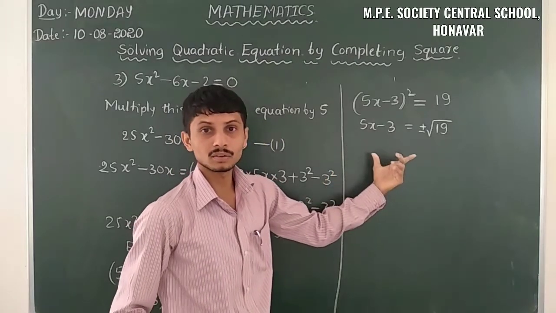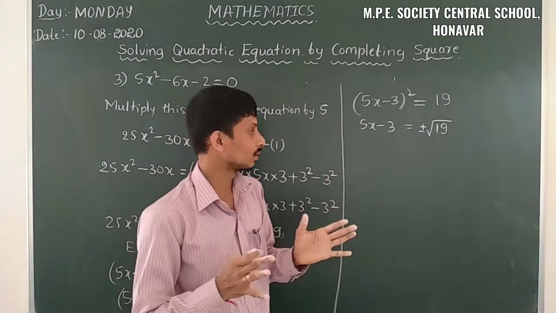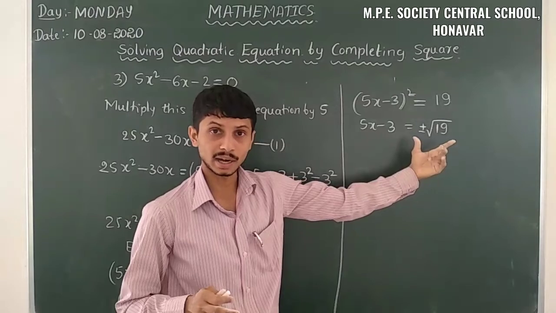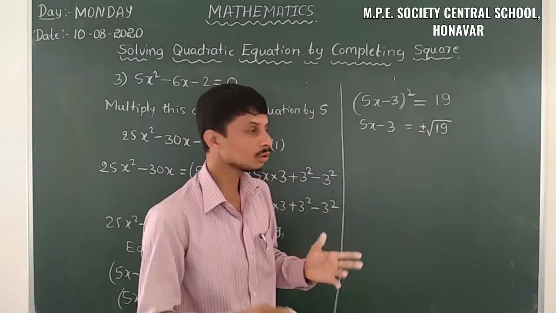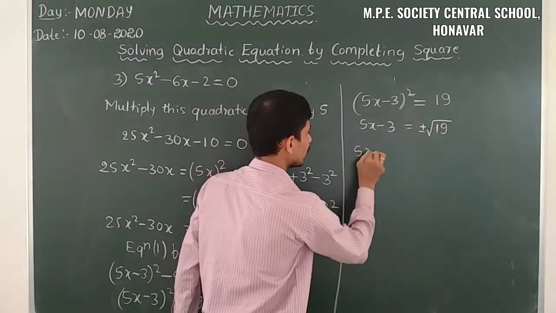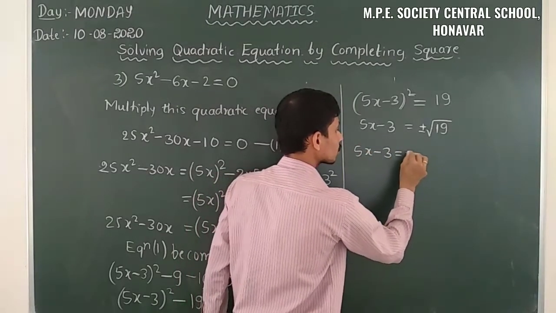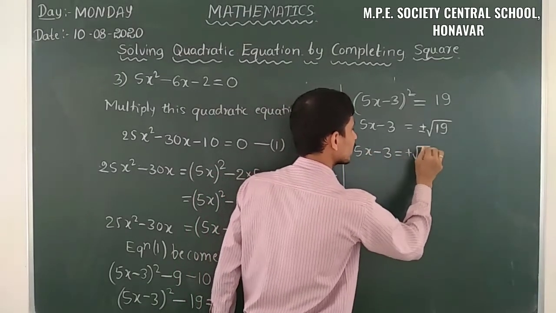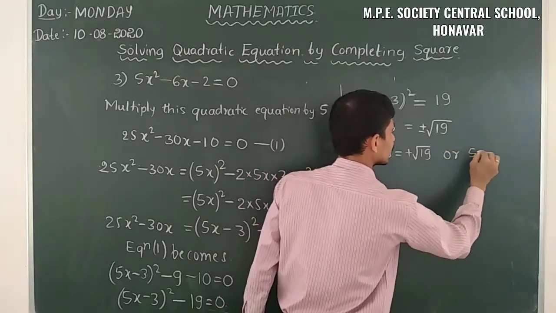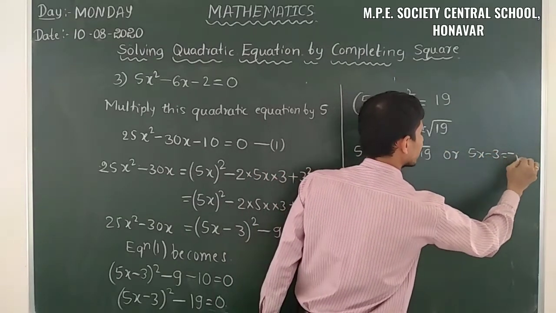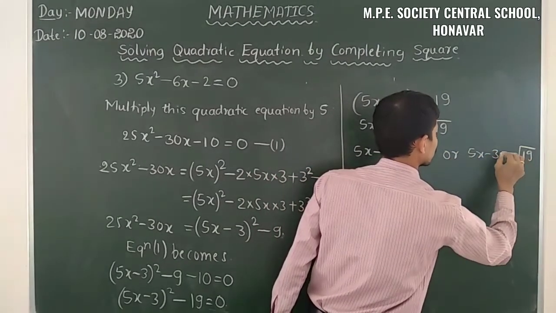Then we have to split into two values because root 19 is not a perfect square. The first case is 5x minus 3 is equal to plus root 19, or another case is 5x minus 3 is equal to minus root 19.